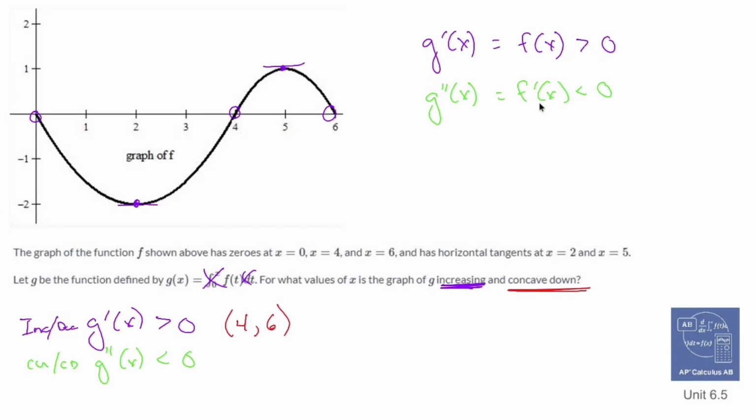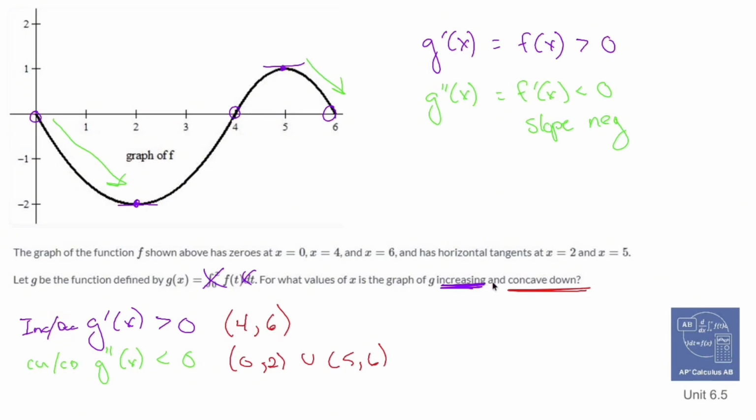The derivative of a function means slope, so I care when the slope is negative, or when f of x is decreasing. This is f. F of x is decreasing from 0 to 2 and decreasing from 5 to 6. So that is going to be from 0 to 2, union, 5 to 6.